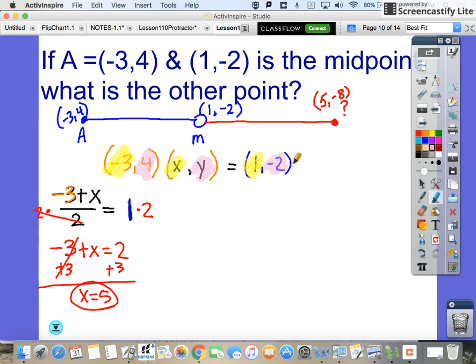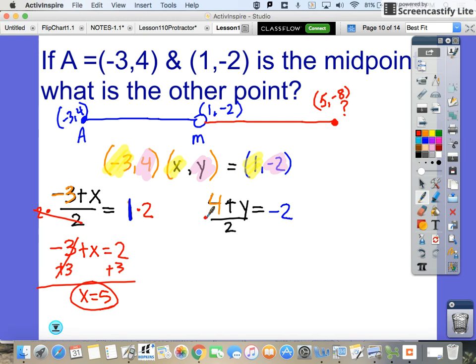Second plus second equals second. So we're going to go 4 plus y equals negative 2. But don't forget to divide by 2 because that's always the formula.